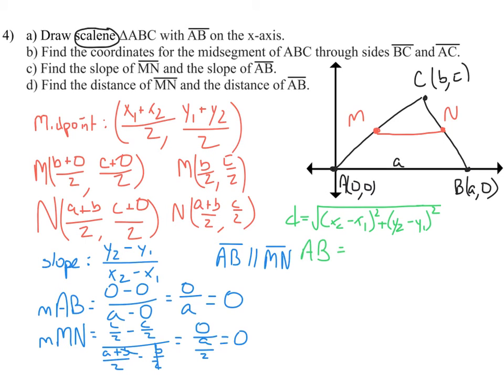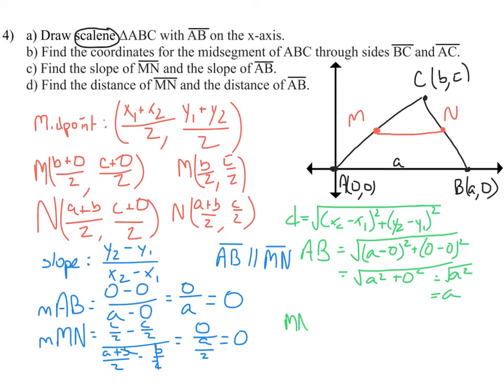It's going to be a. But if I do the distance formula, we subtract our x's, so a minus 0 squared, plus we subtract our y's. And so we come up with a squared plus 0 squared, which is just the square root of a squared. And so we come up with a, just like we expected.